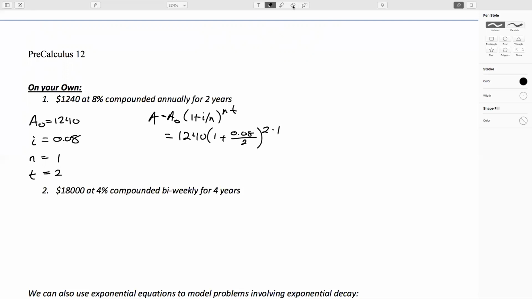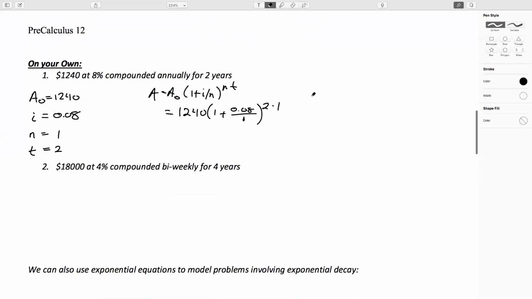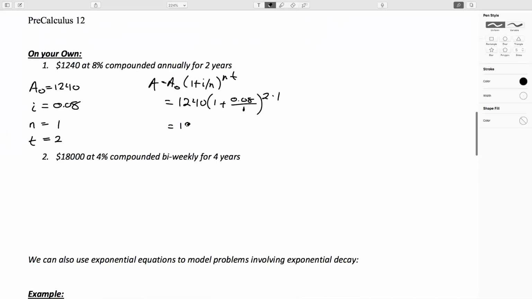Or sorry, what am I doing? N is 1. This equals 1,240 times 1.08 to the power 2, which will work out to $1,446.34.